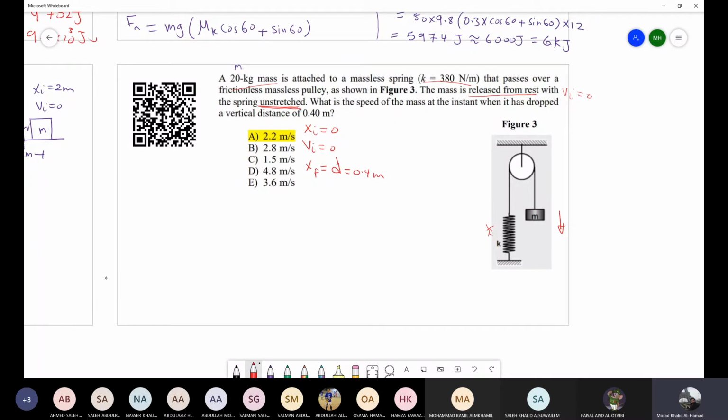The question says I have this mass attached to this spring, on this pulley, with a string attached to the spring, because I am holding it with my hand. The spring is at rest and unstretched, which means x initial is equal to 0. And V initial is 0. Now when I release it, the mass drops down due to gravity.